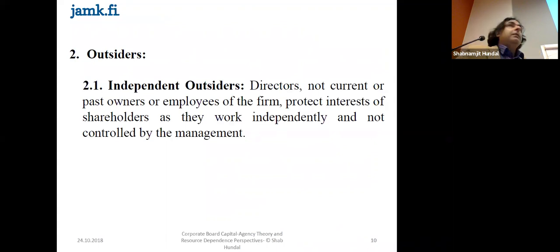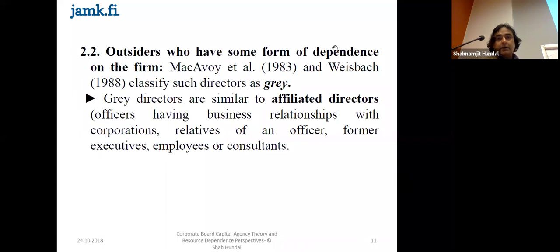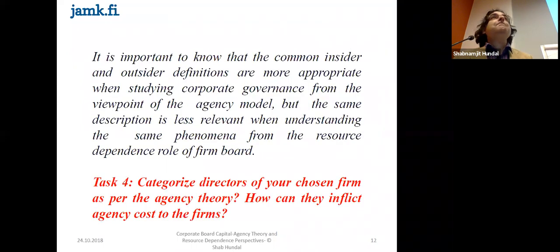But these people can be dependent, or outsiders who are dependent, like the companies. There's a very sarcastic word we use for them: we call them affiliated directors, or even more sarcastically, gray directors. They're not black and white. So they're in between. Make sense?